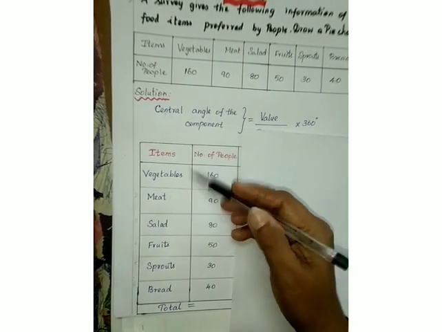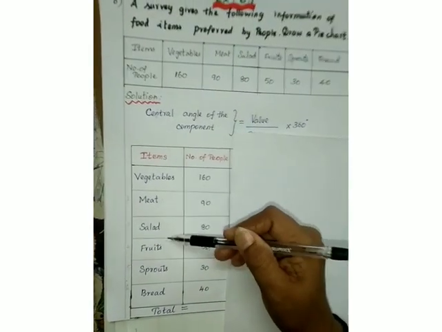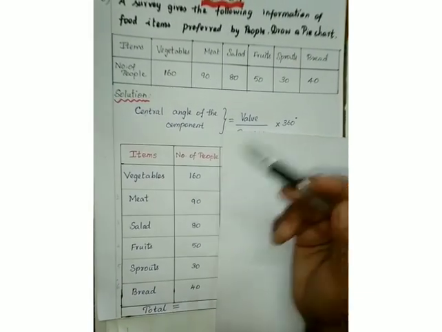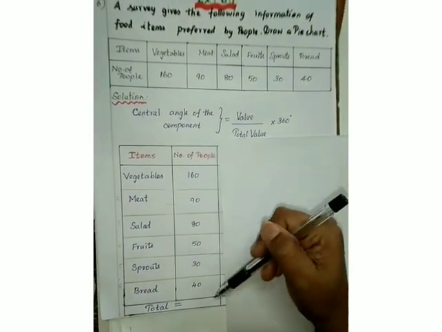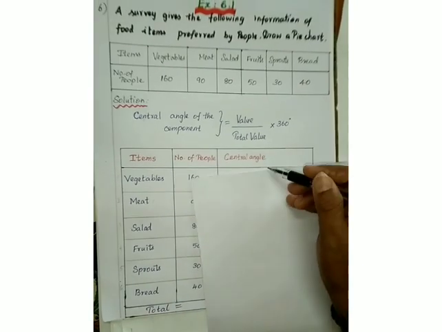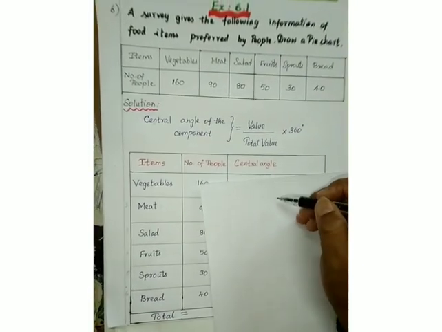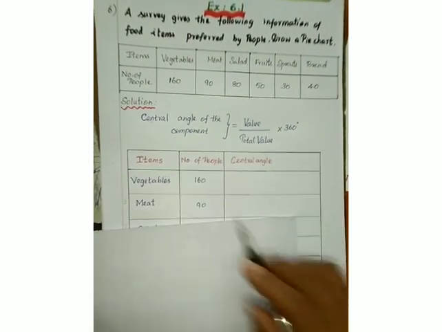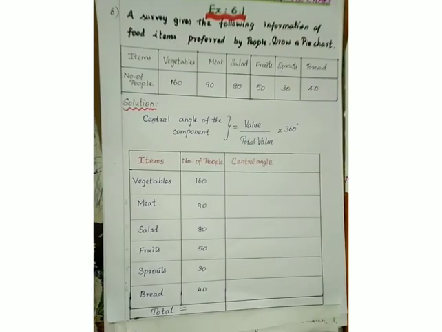Items we can list out: vegetables, meat, salad, fruits, sprouts and bread. The number of people also we have listed in the tabular column. Now we are going to find out the central angle of each component. So here first we need to find the total value.